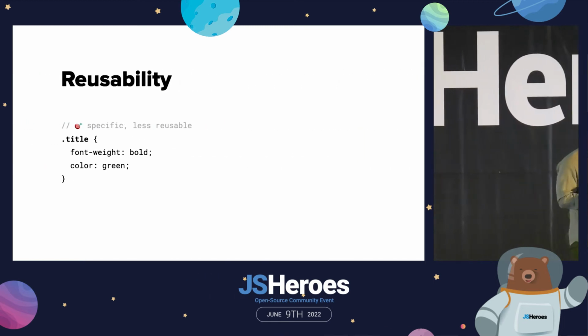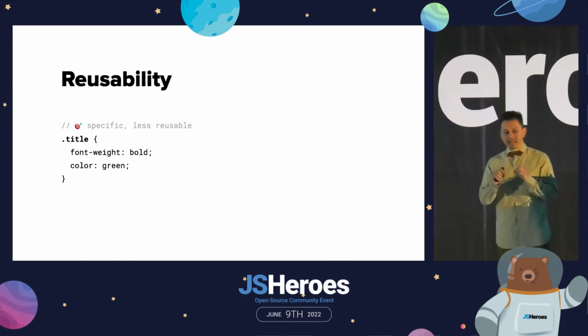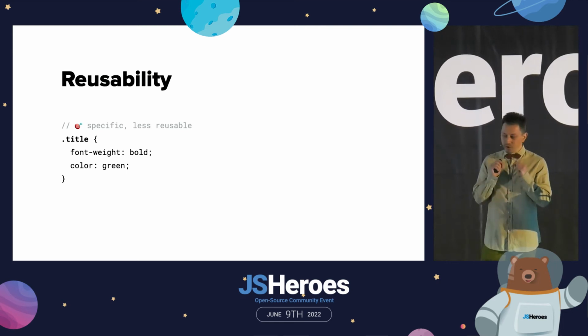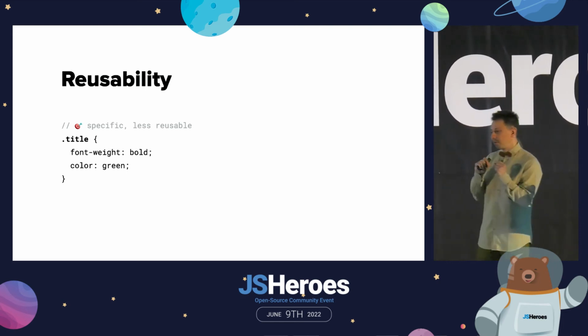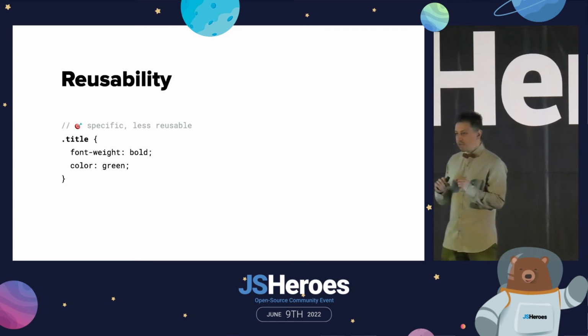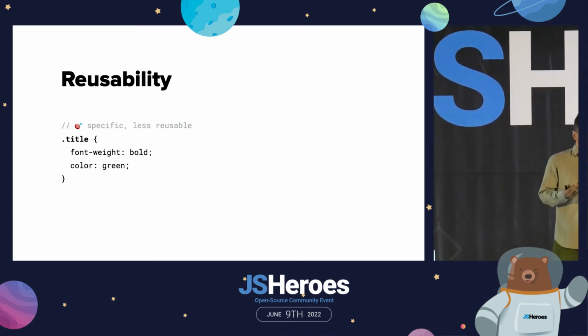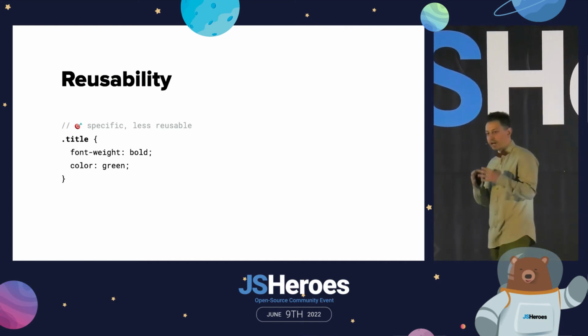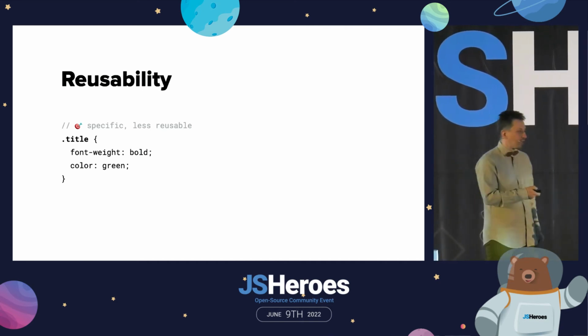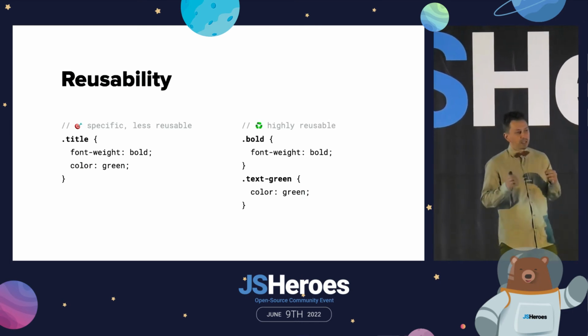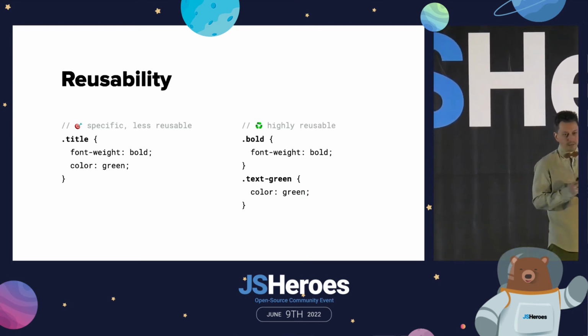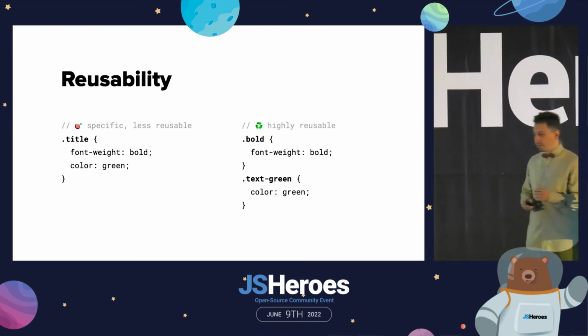Now, the main reason for this is that semantic classes usually contain multiple CSS rules. Now, the more rules a selector contains, the less reusable it becomes. Therefore, to benefit from the highest amount of reusability, atomic CSS uses only single-rule class definitions, which is really mind-blowing.